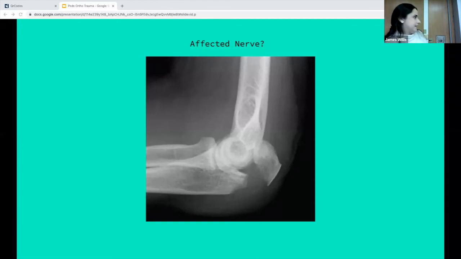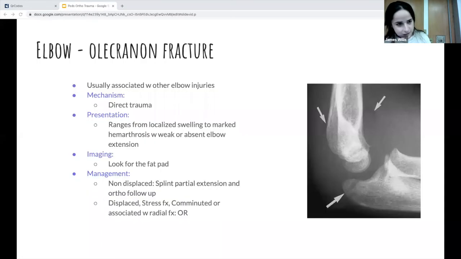What is the affected nerve on this fracture? Ulnar fracture, yeah, ulnar nerve. Yeah, so these olecranon fractures are usually associated with other elbow injuries, and the mechanism is direct trauma.